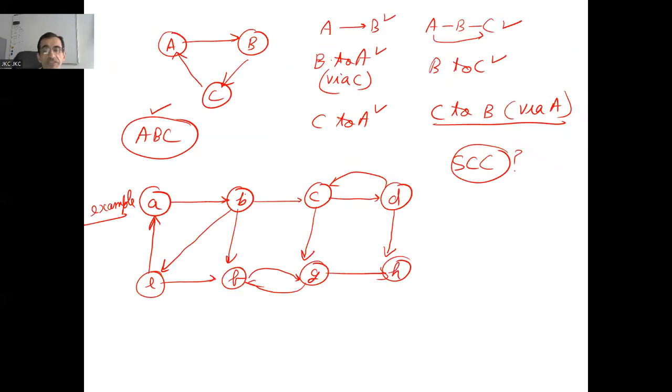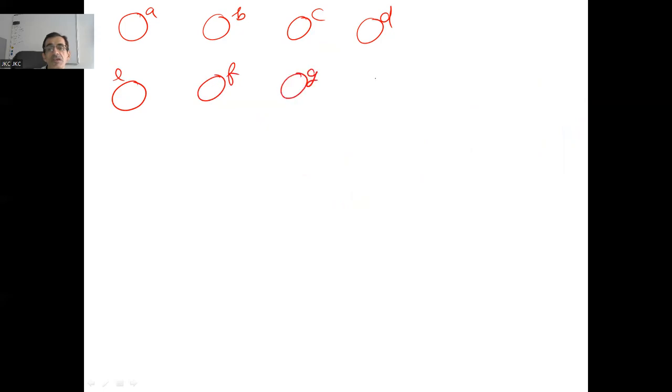Let's use the same graph which we have just drawn, and I will have this graph redrawn here so that it will be more useful. So I have here A, B, C, D, then E, F, G, H, and I have effectively connections like this, like this one.